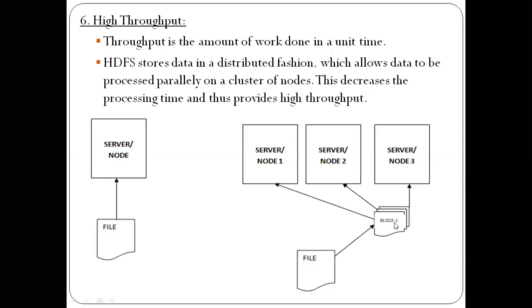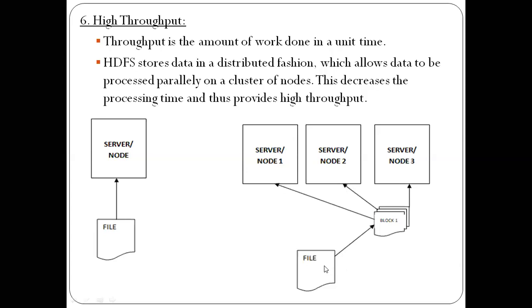The same file needs only 40 divided by 3 of the time if I use 3 servers in place of a single server, right? Because HDFS is using multiple nodes to store a single file.